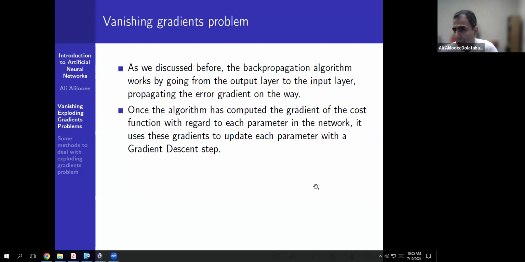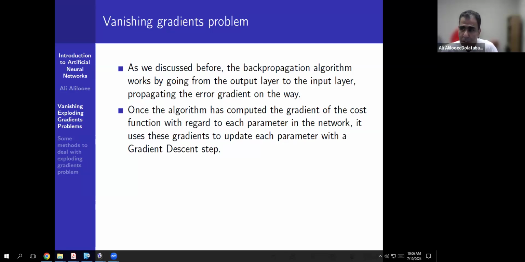Once the algorithm has computed the gradient of the cost, please remember that when we are talking about gradient in this text, it always means that we are talking about derivative. The derivative and gradient have the same meaning. When the algorithm has computed the gradient or the derivative of the cost function with regard to each parameter in the network, it uses these gradients to update each parameter with a gradient descent step.